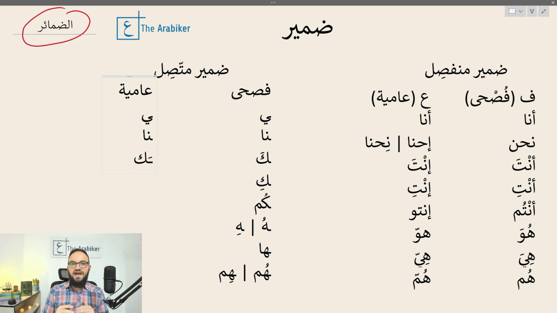So we say ak. So for example, ismak, that's your name. I'm talking to a second person masculine, male. And for the feminine we put kasra on the previous letter, ik. So ismek, that's your name. I'm talking to a feminine, second person.